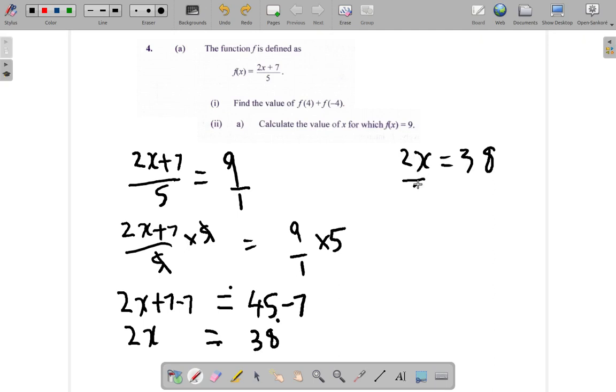If you divide by 2, 2 cancels 2, so you have x alone equal. You must maintain balance by also dividing this side by 2. 2 into 38 is 19. So x is equal to 19. That's the value of x for which f of x is 9.